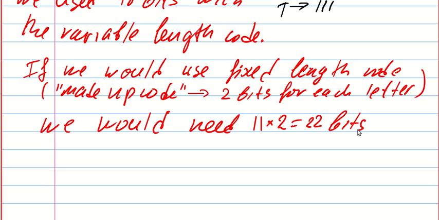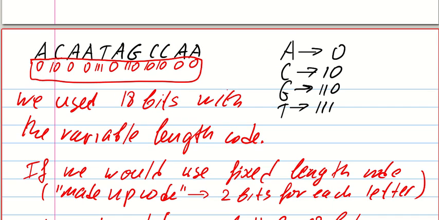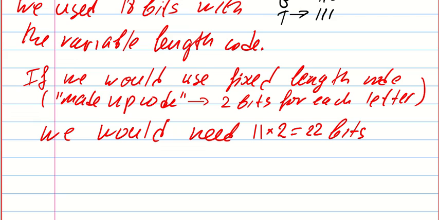Okay, so we used 18 bits with a variable length code, and we would need 22 bits with a fixed length code. So it's a 4 bit advantage.